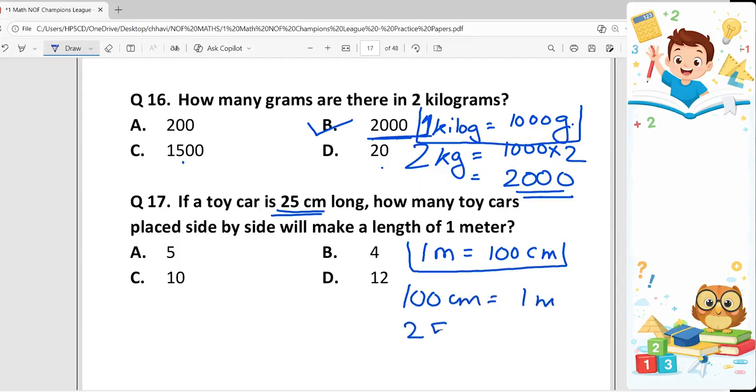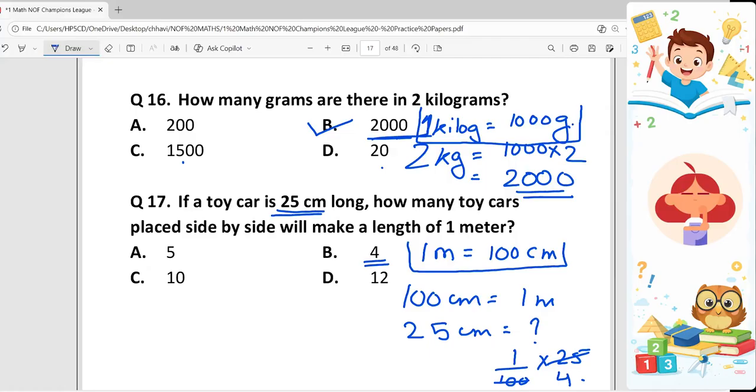So 25 centimeters is equal to how many meters? So how many cars we have to find? So 1 upon 100 into 25. So we'll divide and find how many cars can be placed side by side. So 100 divided by 25 is 4. That means we can place 4 toy cars of 25 centimeters side by side to make a length of 1 meter. So option B is the correct answer.